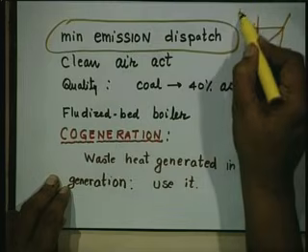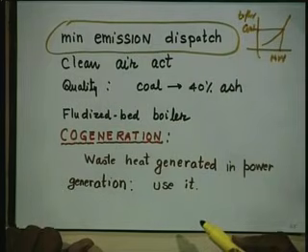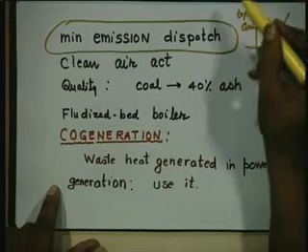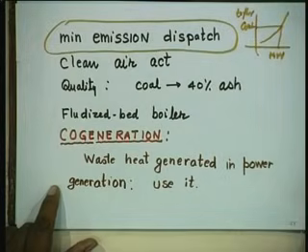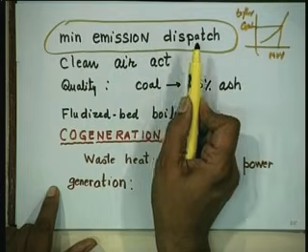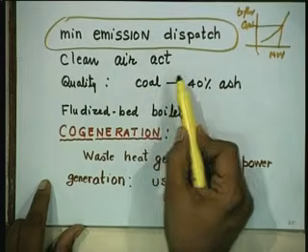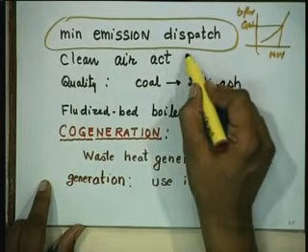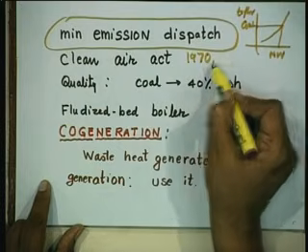We need load forecasting for unit commitment as well as economic dispatch. Now, instead of cost, we have tons per hour of NOx, CO, CO2. We minimize that and forget about cost. And this operation is called minimum emission dispatch. Clean Air Act I have already talked about, 1970 and 90s.